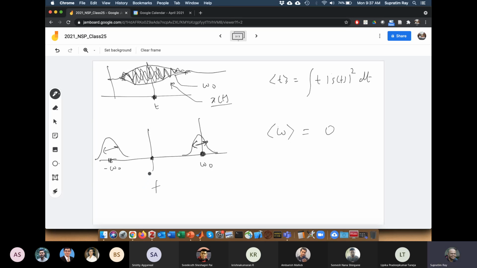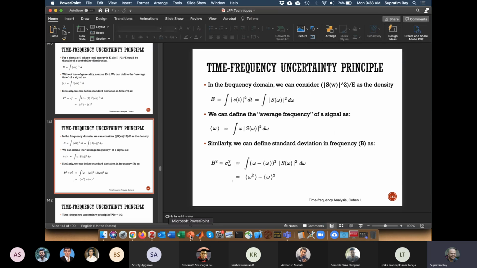And this is just a sort of technical issue because it's a real signal. It has to be represented by two sinusoids, one sitting here and one sitting there with the phases flipped. But this definition makes my standard usage of the energy density defined this way useless because this thing is always symmetric.